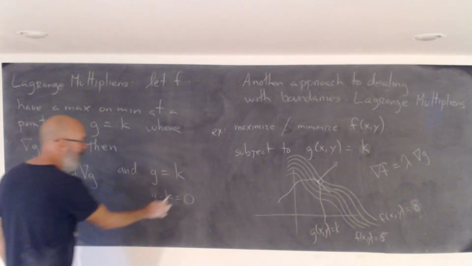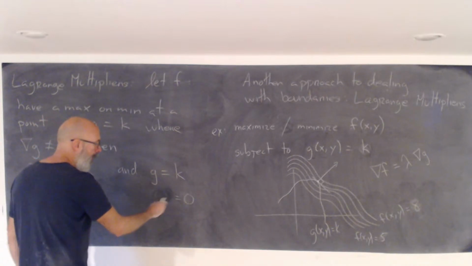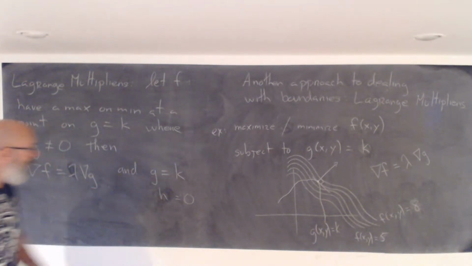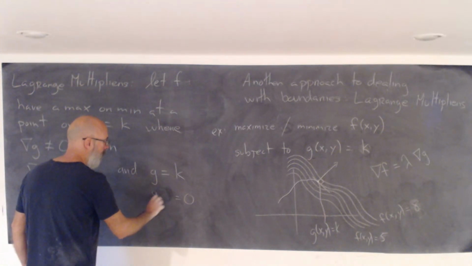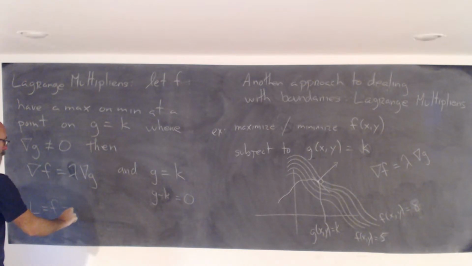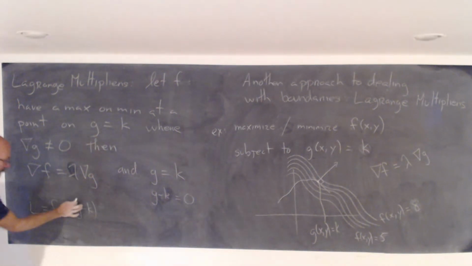So in other words, your condition g equals k is really some function h equal to 0, where h is g minus k. And most books will define a Lagrange operator L as f minus lambda g.